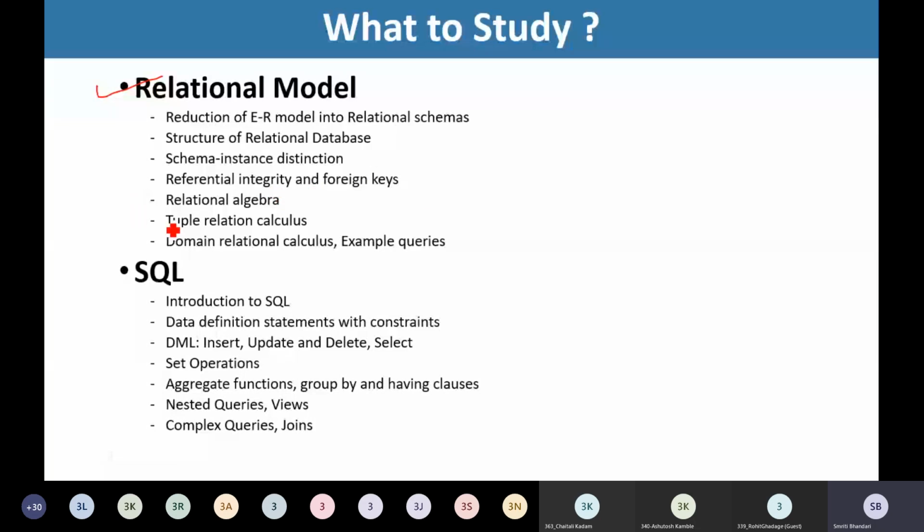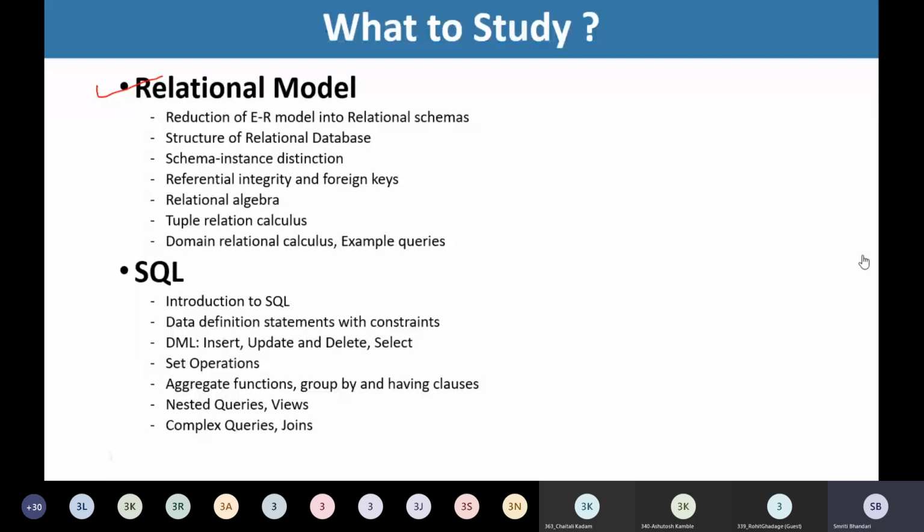We will also focus on some pure languages that include relational algebra, tuple relational calculus and domain relational calculus. So this is what we are going to study under relational model.